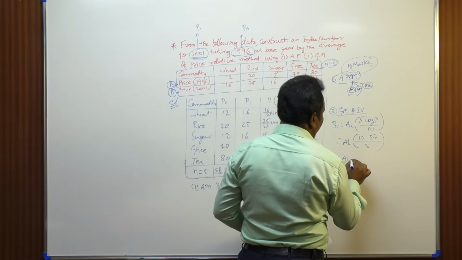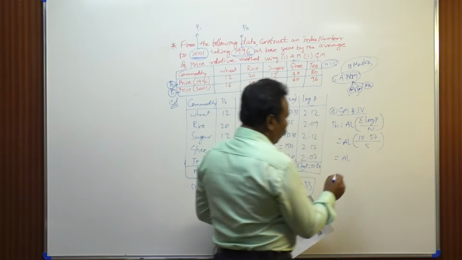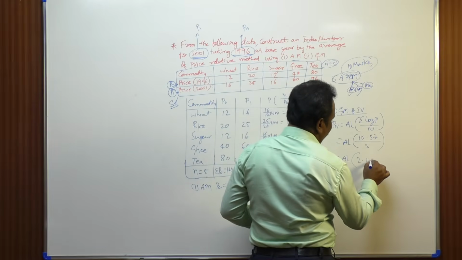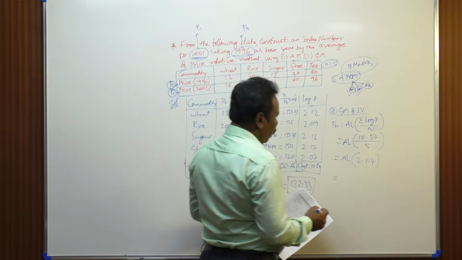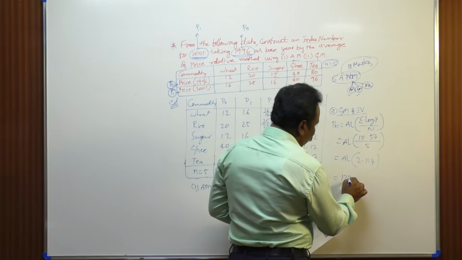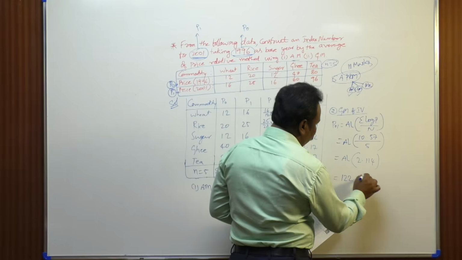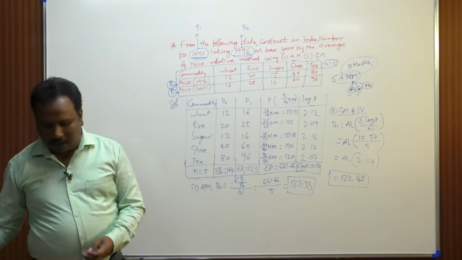Anti-log of 10.57 divided by 5, equals 2.114. So, anti-log of 2.114 is equal to 122.45. So, this is the solution.